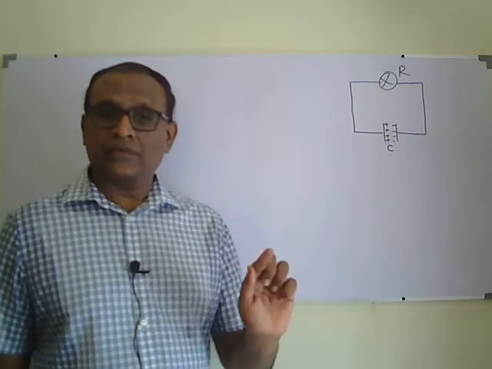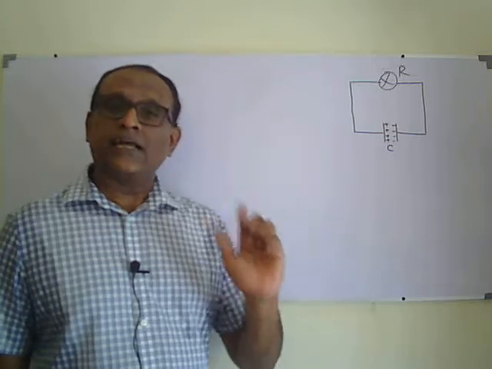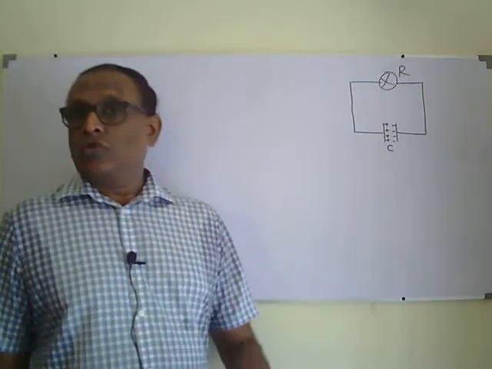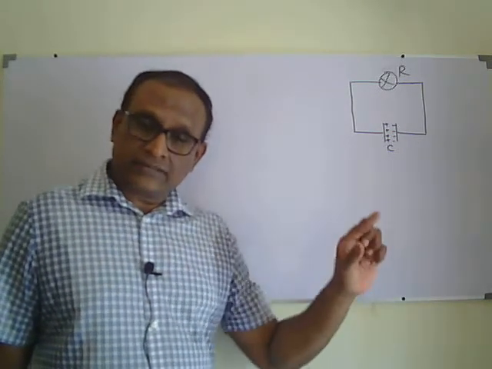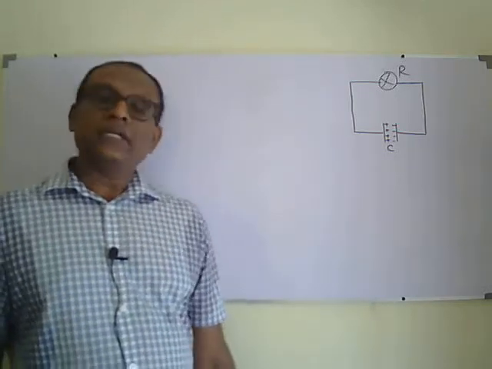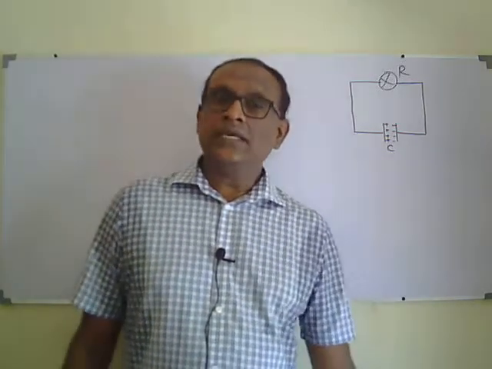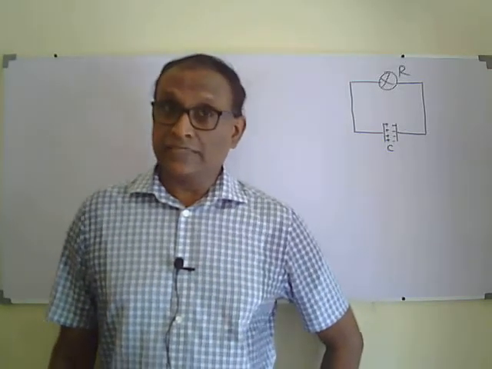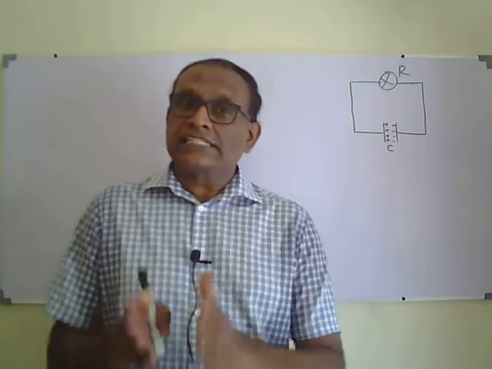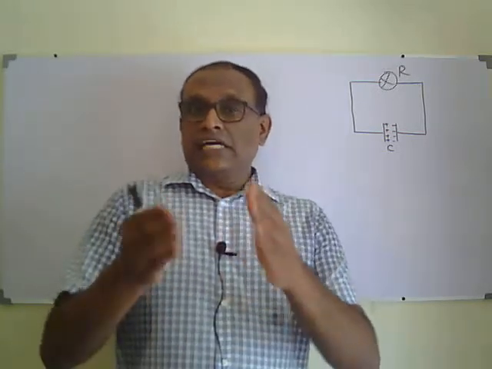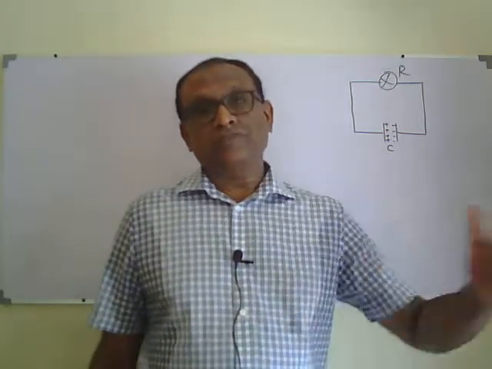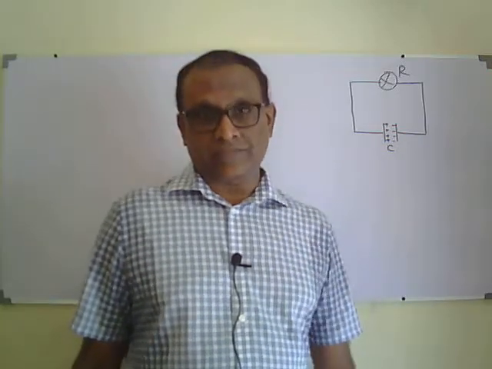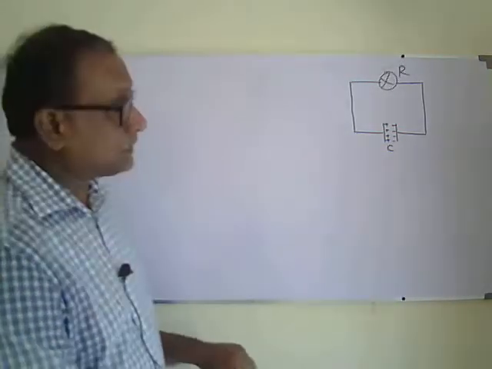That is only for current, because during the charging process, only the current will decrease exponentially. The voltage across the capacitor will increase, but the voltage across the resistor will decrease exponentially. But we normally define the half-life of the charging circuit by using current flow: the average time taken for the charging current to drop to 50% or half of the previous current, and we can get an expression for that.